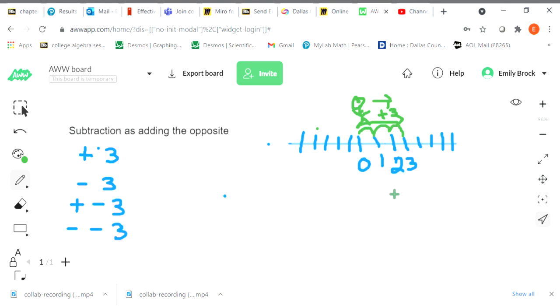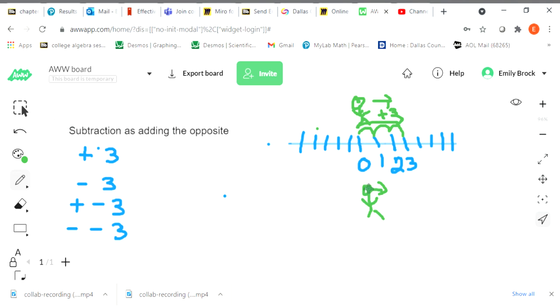Now, what if I want to subtract 3? The way I look at that is positives always face to the right. Positives are looking this way. But when you subtract, you go backwards.